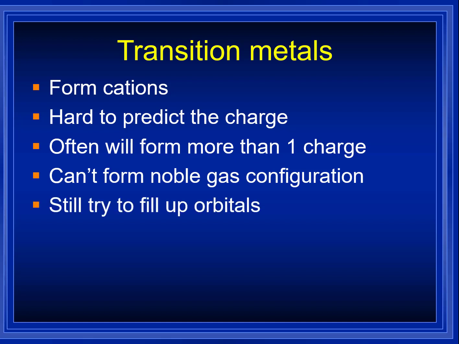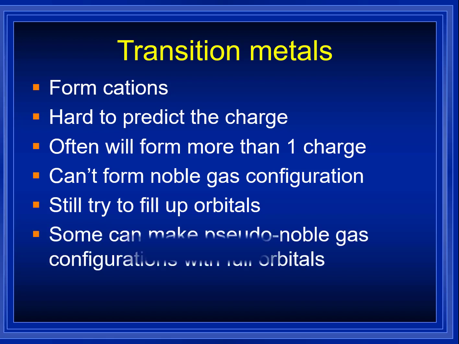But they want to fill orbitals because full and half full are more stable. So they make something called pseudo-noble gas electron configuration. The prefix pseudo means similar to or like. It's got a connotation of fake, but it really just means artificial. It's almost like an analogy.